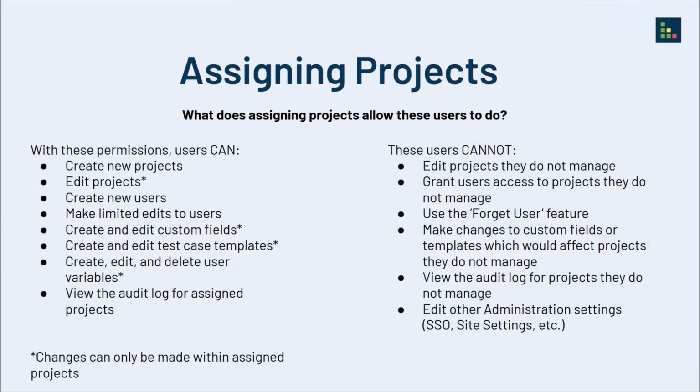As an overall view of what this assigning will allow, with the specific permissions, users can create new projects, edit the assigned projects, create new users, and make limited edits to these users.